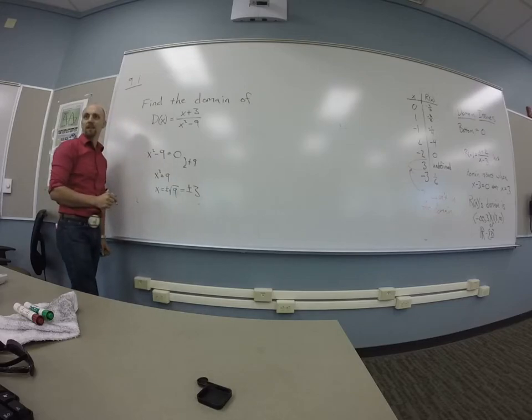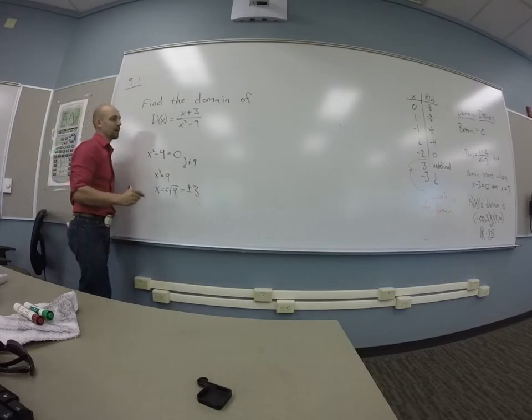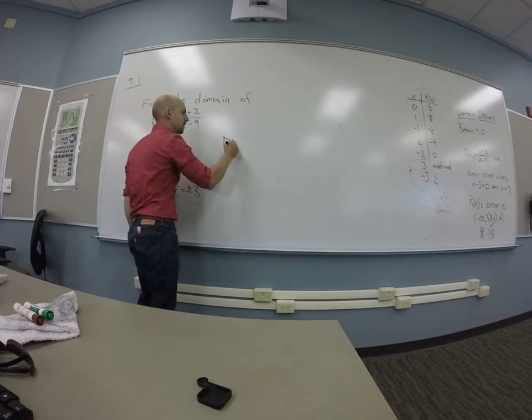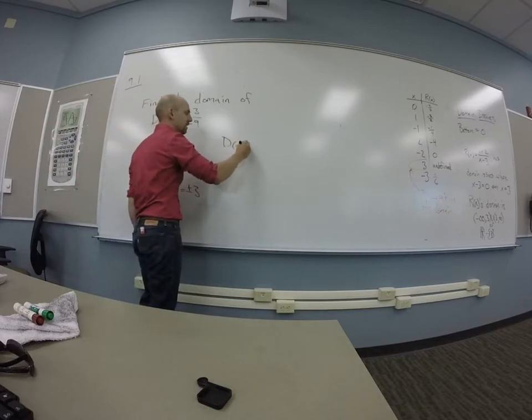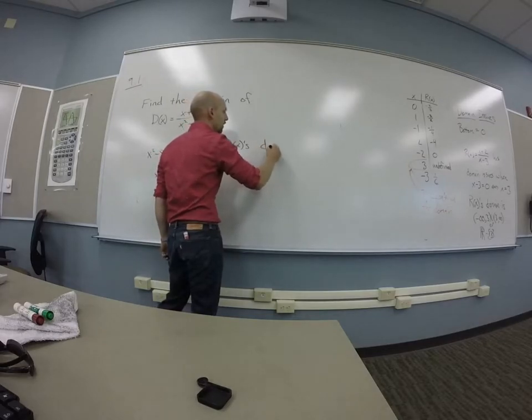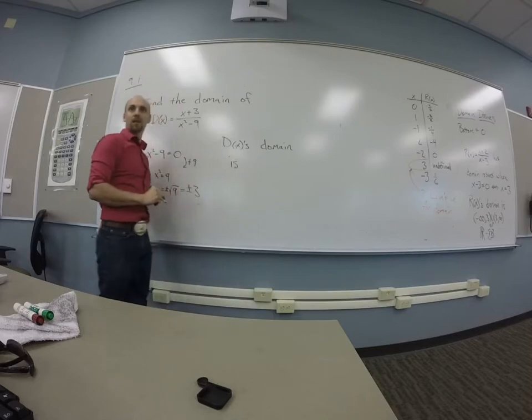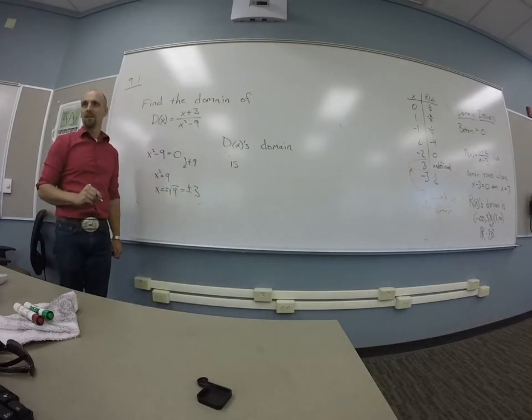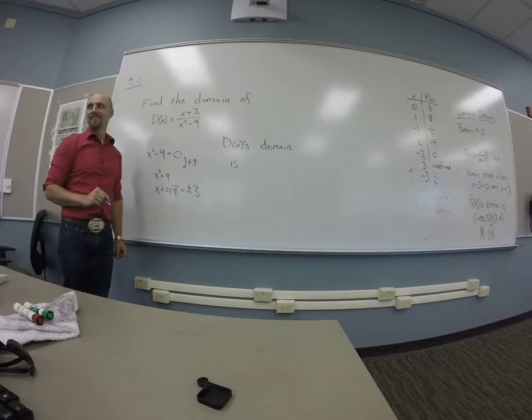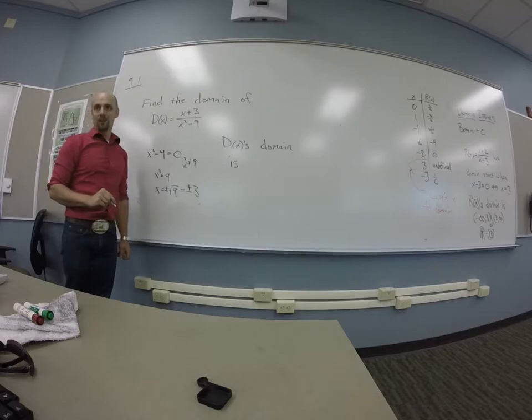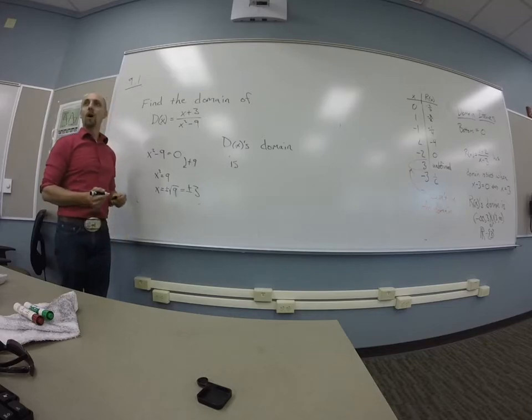You guys see that? So the domain on this guy, d of x's domain is plus or minus 3? No, you're right. It's the same thing as before, the R minus 3. Okay, careful, right? We're spotting problems.